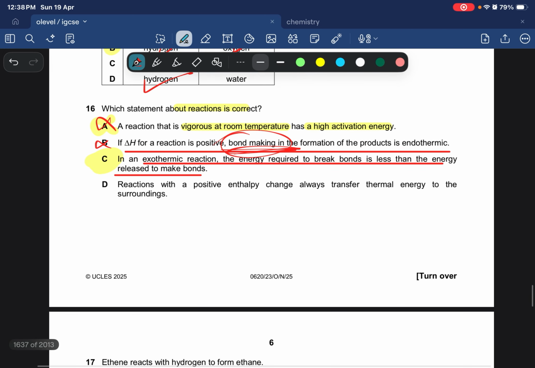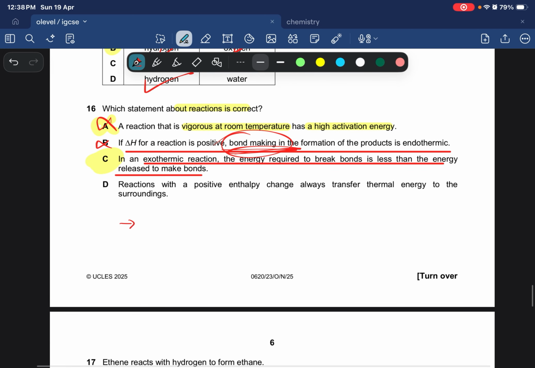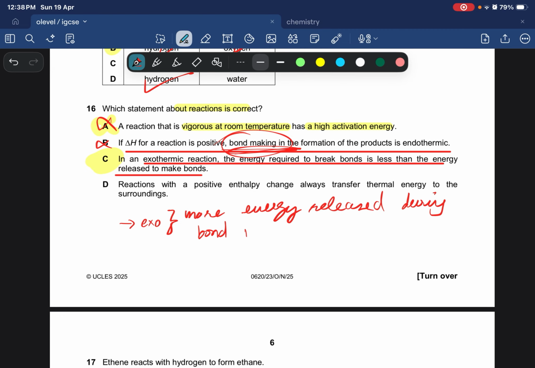Always remember, exo means more energy released during bond making than absorbed during bond breaking.